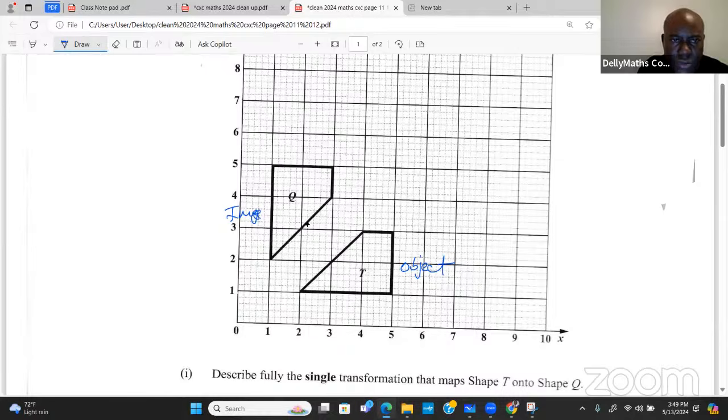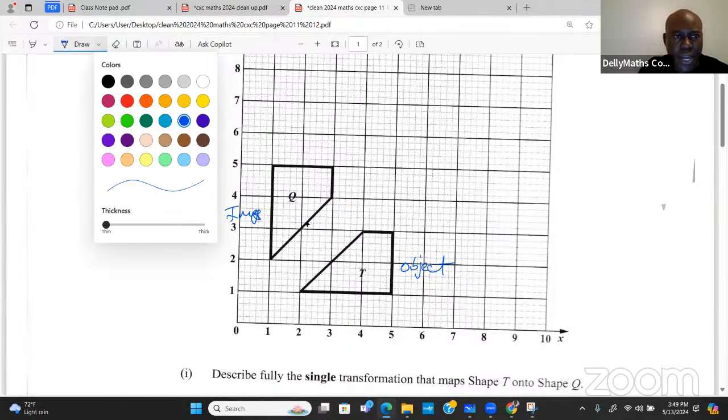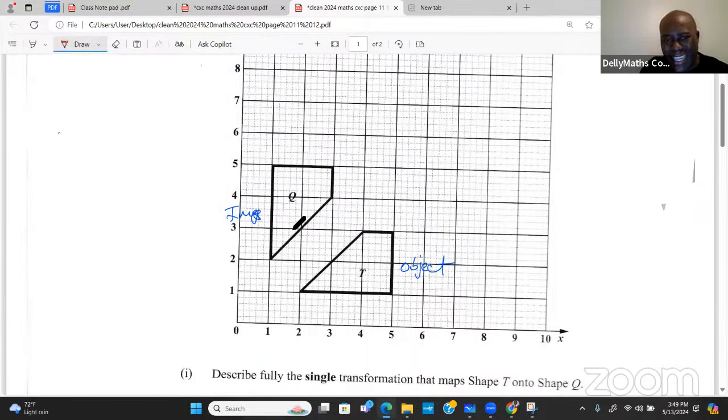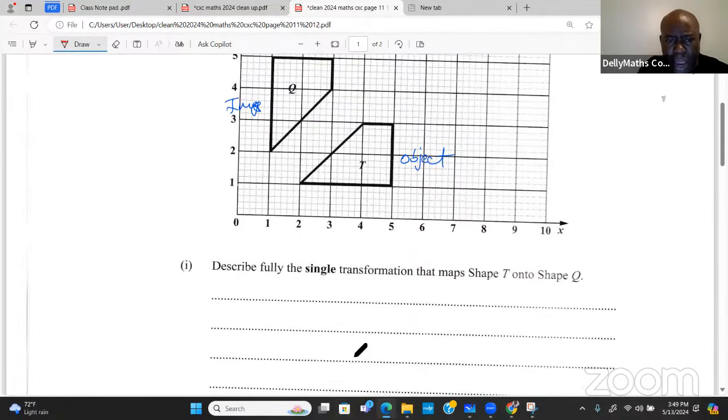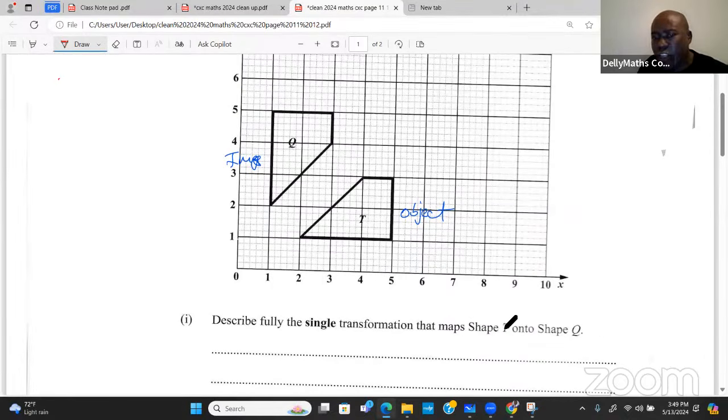Based on what you have read, you would have gotten that. The question says, describe fully the single transformation that maps T onto Q. So what is it that moves this onto this?